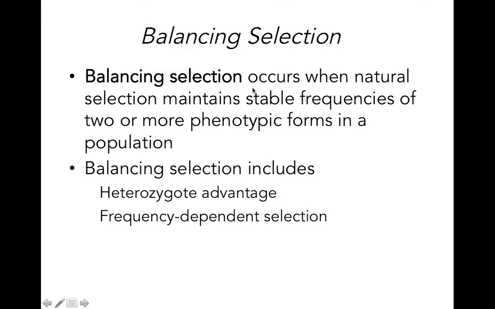Balancing selection means that you can have a type of selection where it is most adaptive to have two or more phenotypic forms within a population. So this can include heterozygote advantage and frequency-dependent selection.